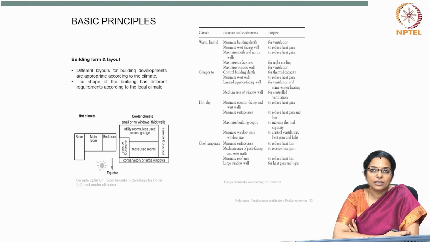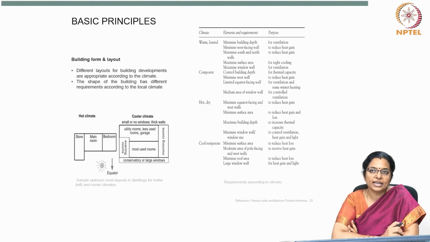Now, let us look at the building layout. As the warm humid climate zones are located near the equator, the settlement pattern should preferably be placed on the southern or northern slopes.